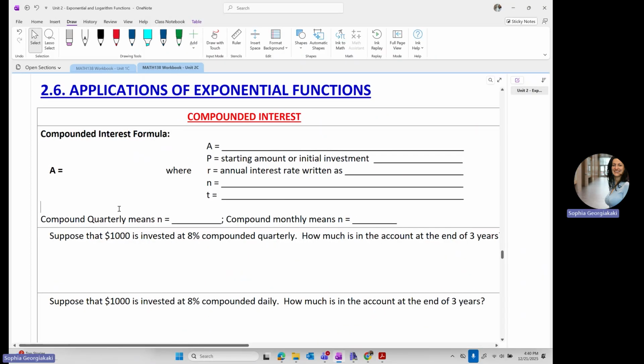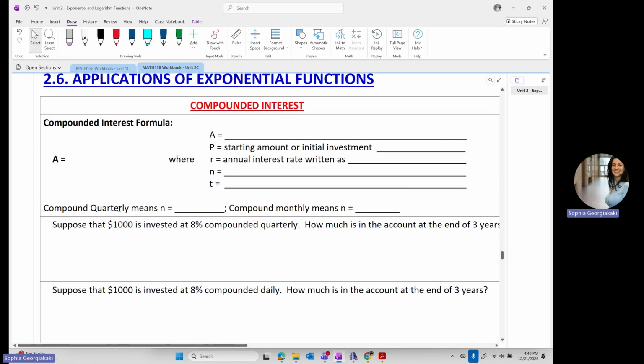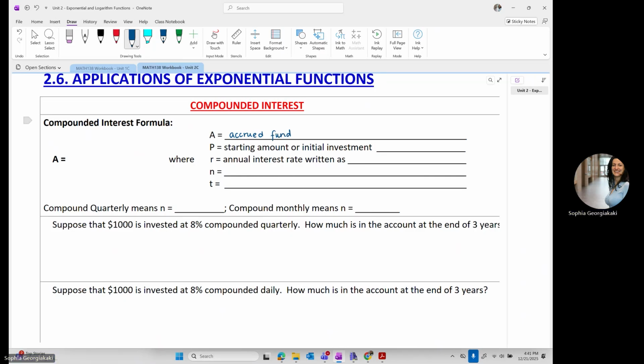The compounding interest formula says that the money accrued, let's say funds, at time t, which actually will be years.